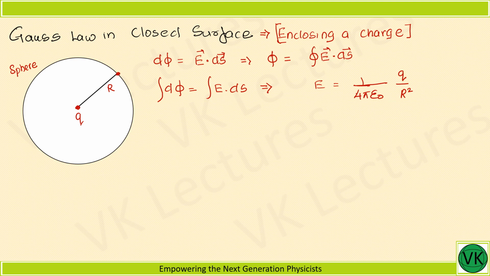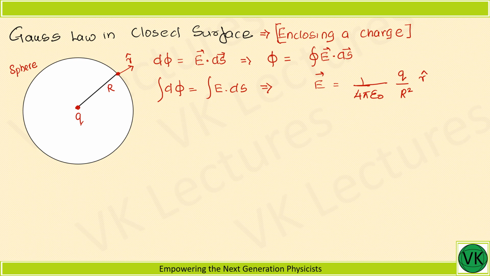So that is the electric field. Now ds is in the direction of r only, so that we can write r cap. So the electric field will also be in the direction of r cap.